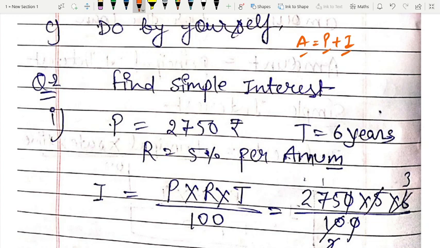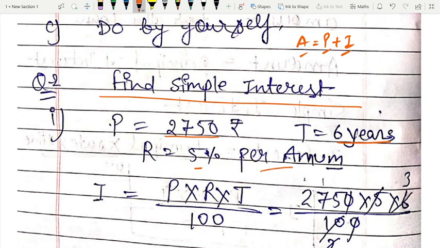Now let's come to question number 2. In question number 2 we will use the second formula, which is to find out simple interest. Simple interest formula is PRT upon 100. P is given, 2,750 rupees, T is 6 years, R is 5% per annum.